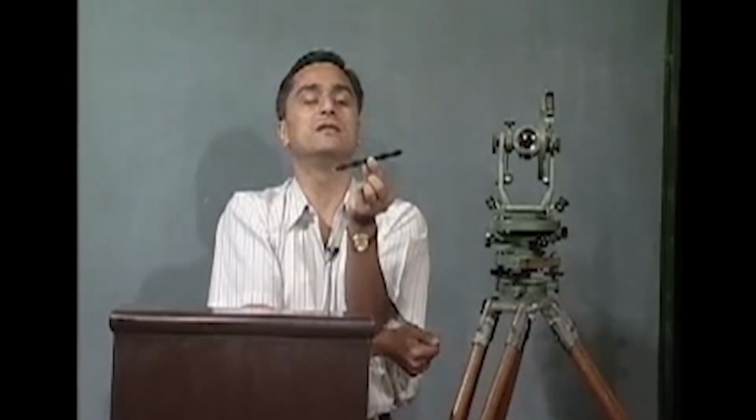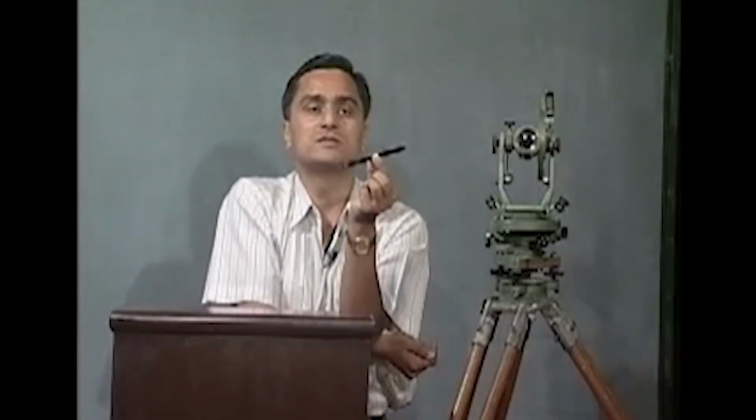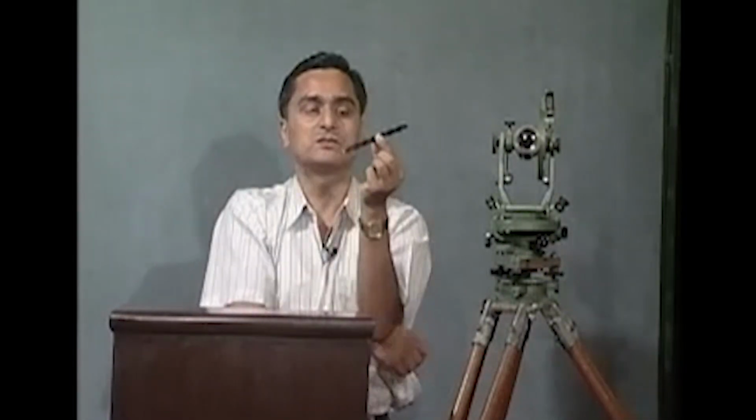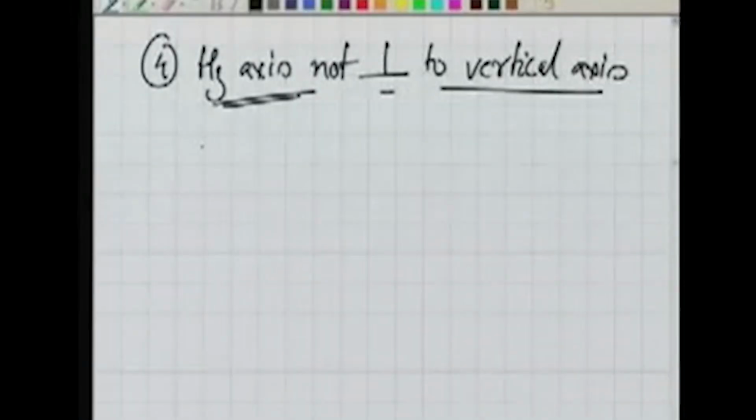Rather, it will be inclined, because the horizontal axis has now become like this. So all the rotations of the line of sight are forming a plane like this. So this is an inclined plane. Now what is the effect of this? The effect is that the horizontal angle measurement becomes wrong. We will see how.